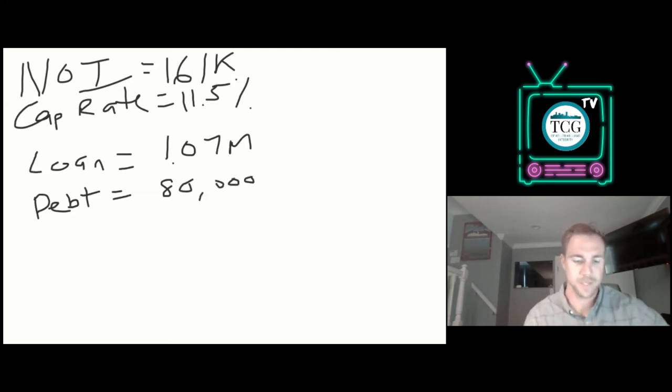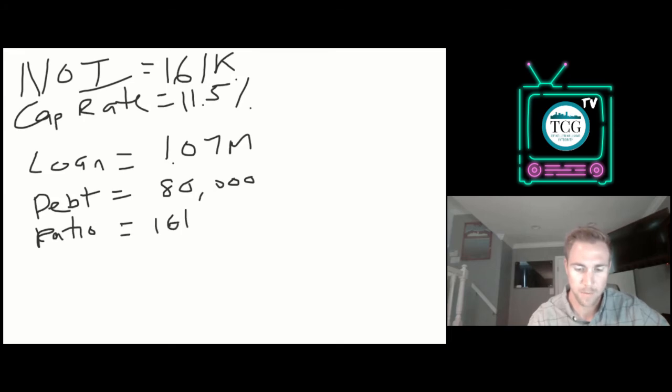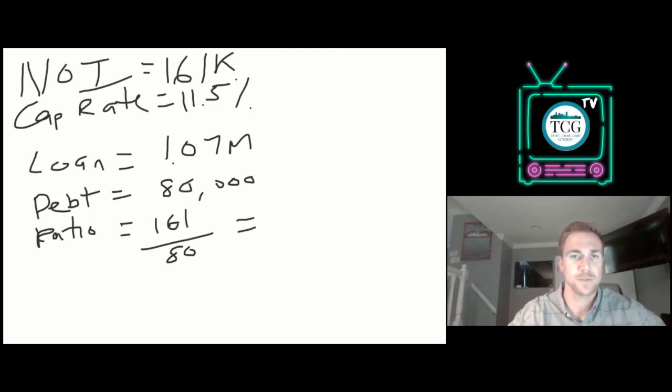And again, that debt ratio is going to be your NOI, 161,000, over your debt service. This is NOI over debt. That gets that number to 2.0125, so just over 2.